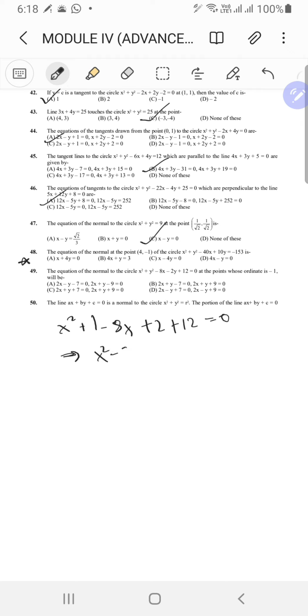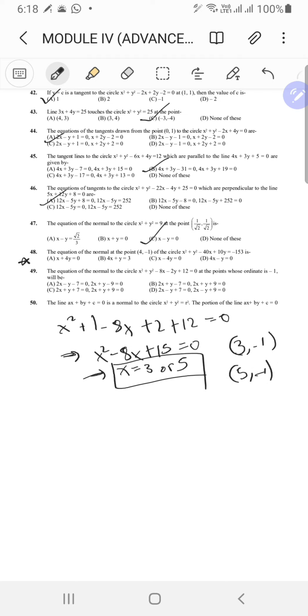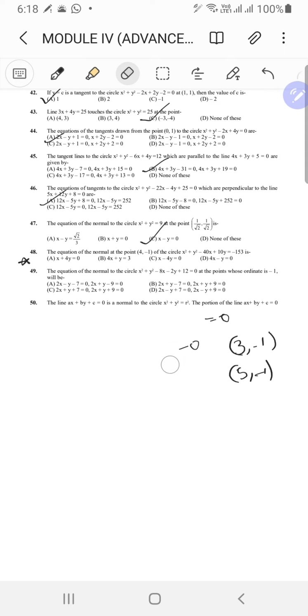So x squared minus 8x plus 15 equal to 0, which means x equal to 3 or 5. Nice. So this is 3 comma -1, ordinate y coordinate correct, and 5 comma -1. These two are the points of contact, and we want the equation for the normal.